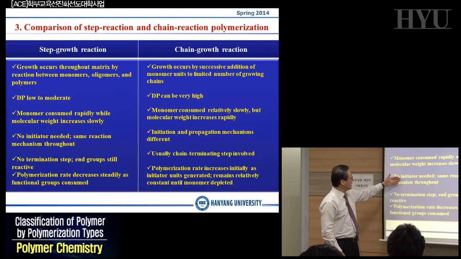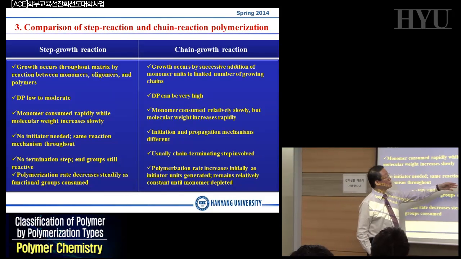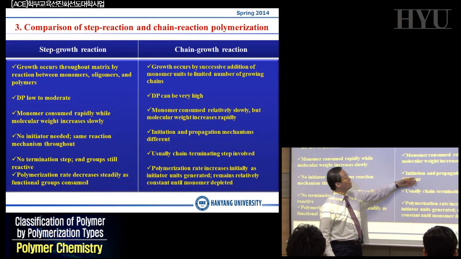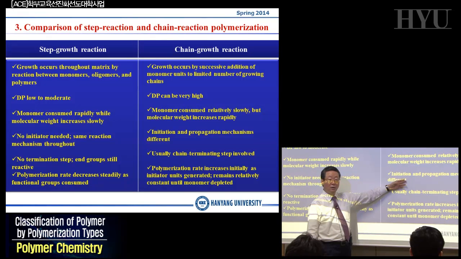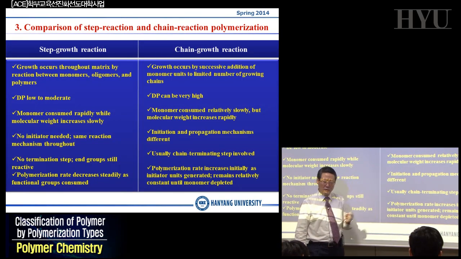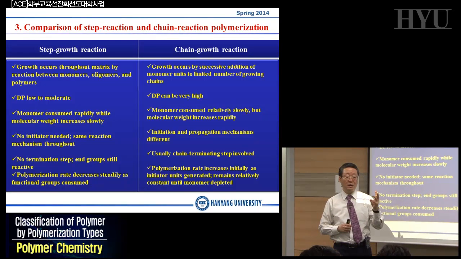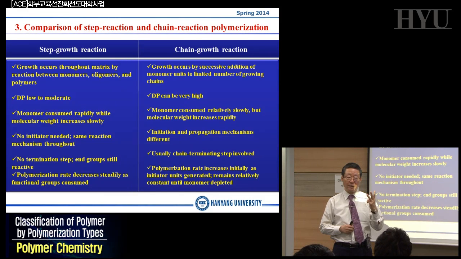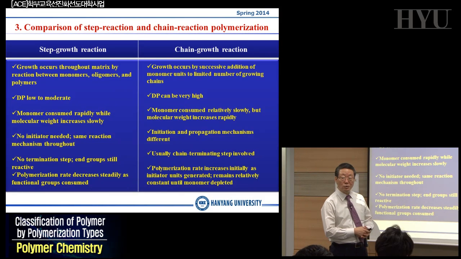We do not need any initiator here, but we used to need the initiator, okay? In the case of chain growth polymerization reactions, there are very important 3 elementary steps: initiation, propagation, and termination reactions are quite required in chain growth polymerization.